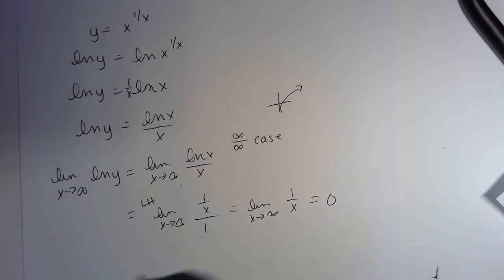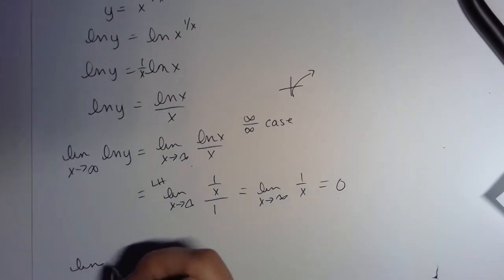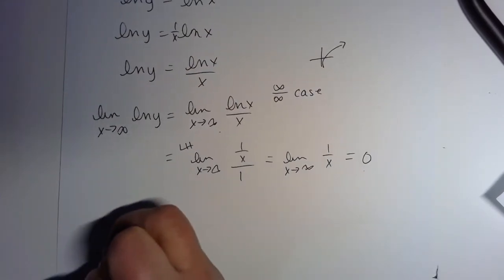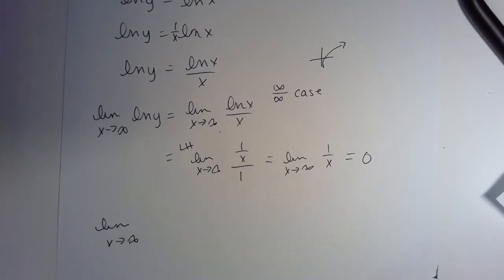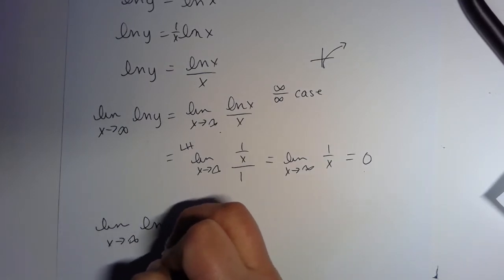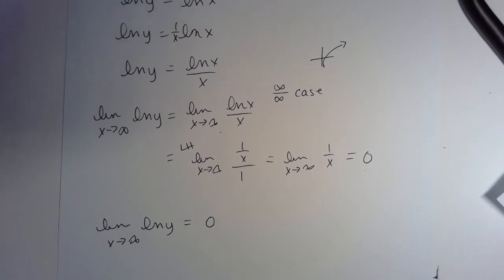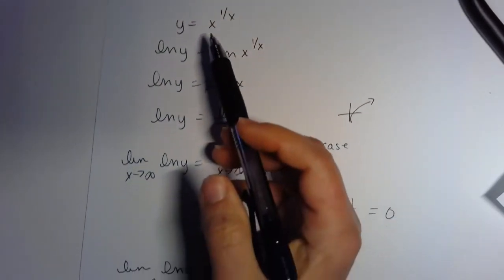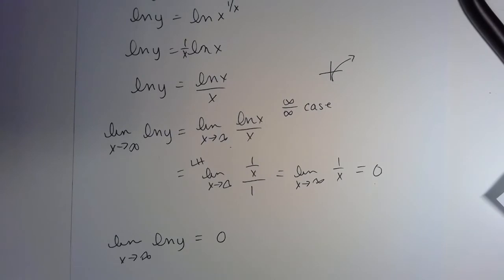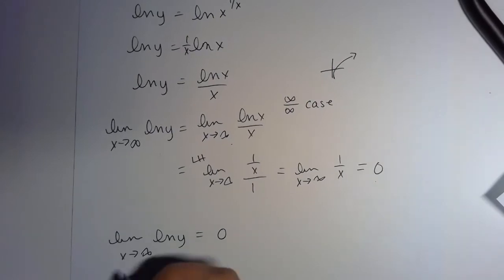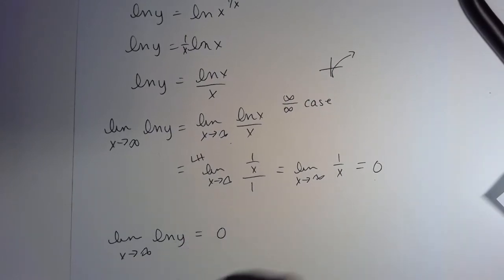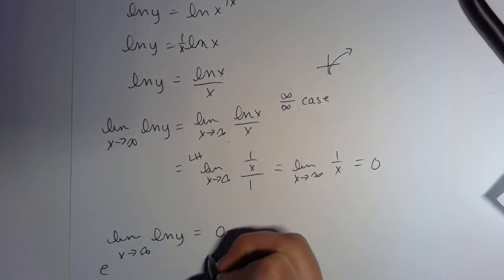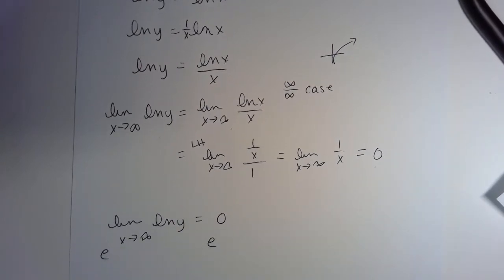Now remember, this is equal to this. So I have the limit as x approaches infinity of the natural log of y is equal to 0. But we didn't want the natural log of y. We want plain y, because y was equal to our original function. To get rid of the natural log, we're going to exponentiate both sides, raising each side to this power.